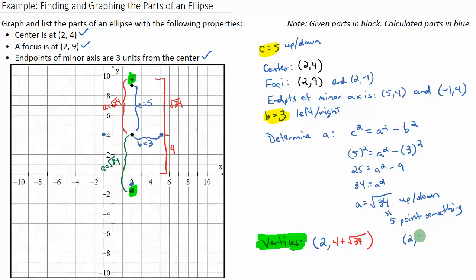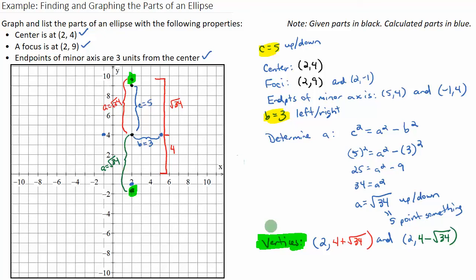So this y coordinate is my starting y coordinate at the center minus that vertical distance, the square root of 34. And those are my two vertices. Okay? Those are all the parts of my ellipse.